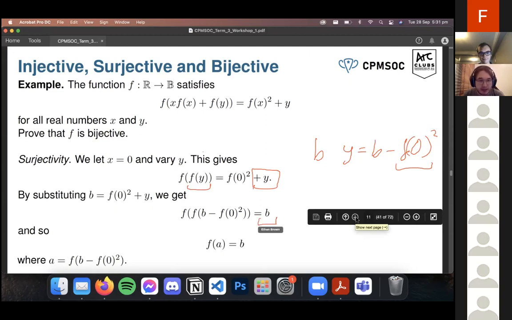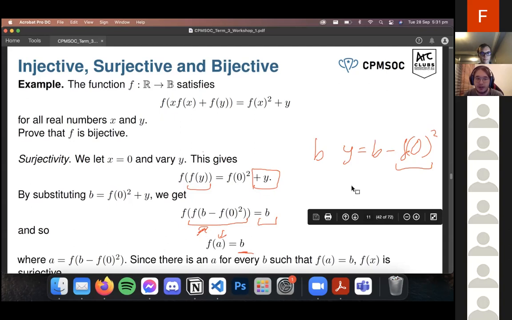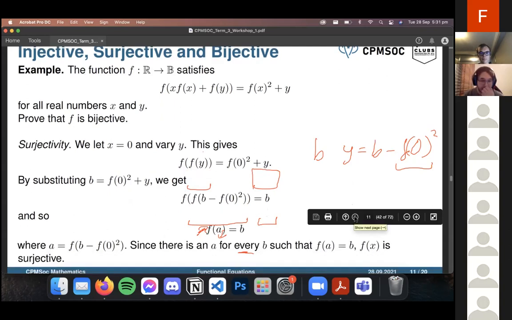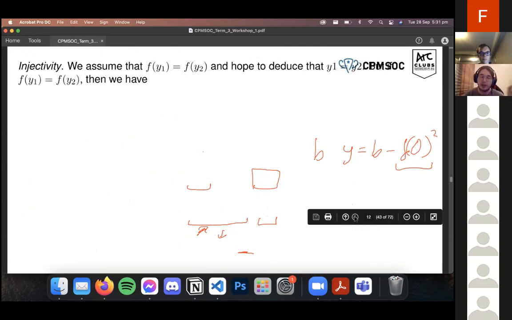If we put in this ugly expression, which we could evaluate if we knew what b was and what f was, we will get b, which is what we want. So no matter what b is, we can always find something to put in, this little a, that gives us b in return, which means our function must be surjective. There's an a for every b such that f(a) equals b, so f must be surjective. So we proved one half.